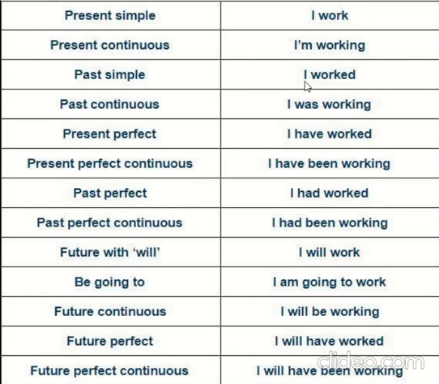Can you see that with sleep, you don't add ed to make it past tense? You can't say I sleeped. You say I slept. The verb sleep changes to slept. That's what we call an irregular verb. So in this case, you would say I slept. That's still fine.